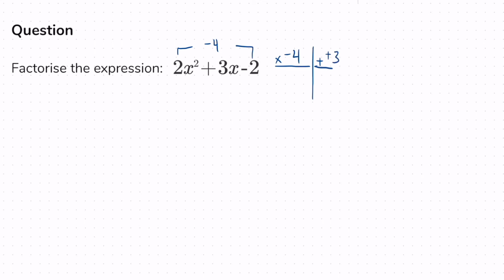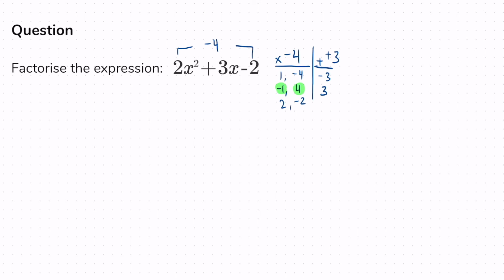It's a negative this time, so we've got 1 and negative 4, negative 1 and 4, 2 and negative 2, and negative 2 and 2. 1 plus negative 4 is negative 3, negative 1 plus 4 is 3, and here we have it: negative 1 and 4.